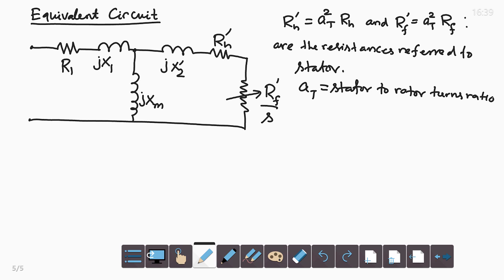So, this one represents the harmonic loss or harmonic rotor copper loss, and this resistance represents mechanical power and fundamental rotor copper loss.